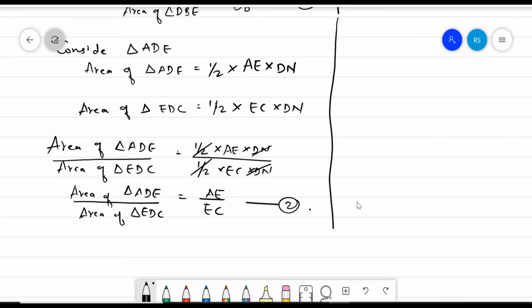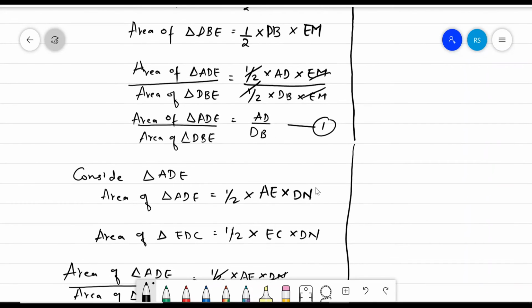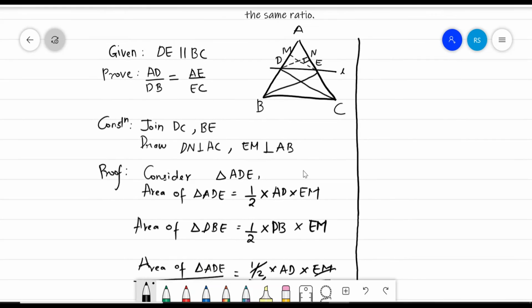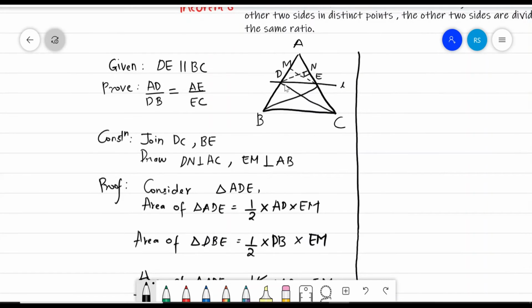Now we see that the area of EDC here, and in the first equation the area of triangle DBE. So these are the triangles, DBE and EDC. Both these triangles are on the same base, that is DE, and in between the same parallel lines. There is a property that if two triangles are on the same base and between the same parallel lines, their areas are equal.